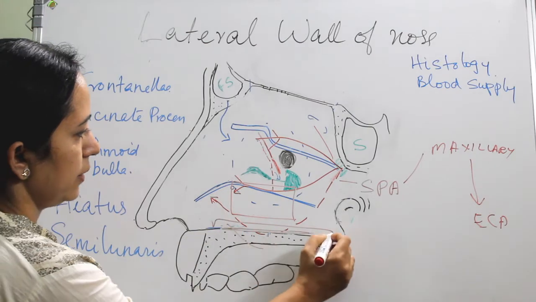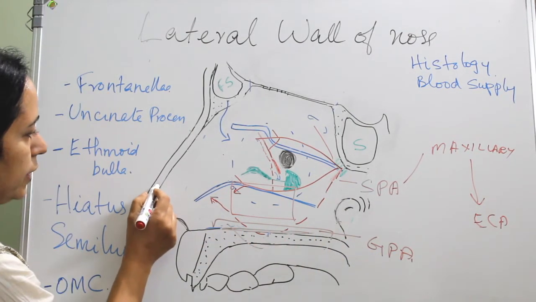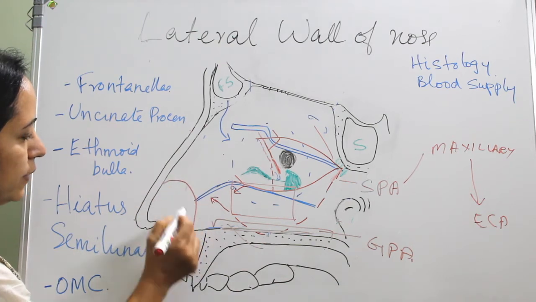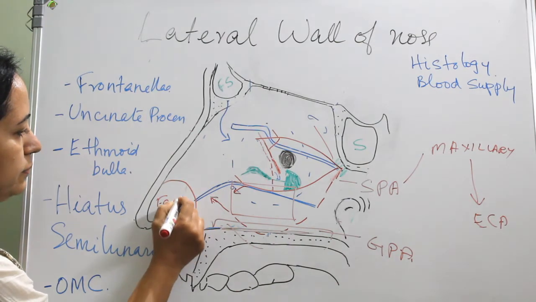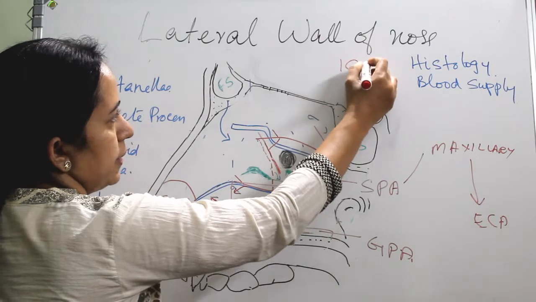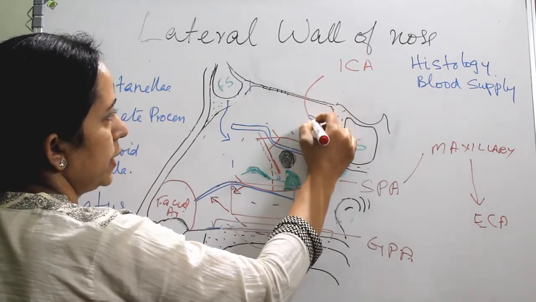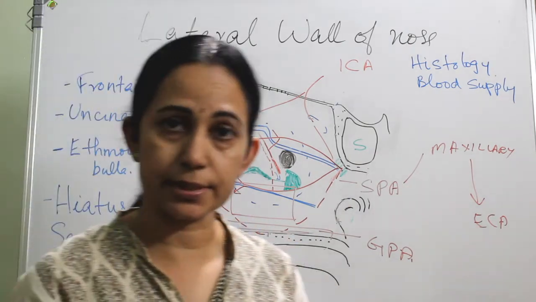This area is supplied by the greater palatine artery, and anteriorly there is an area supplied by the facial artery. The internal carotid artery supply is through the posterior ethmoid and the anterior ethmoid, like that of the nasal septum.